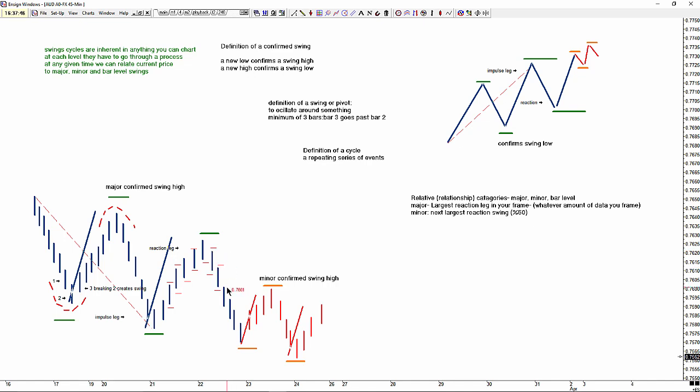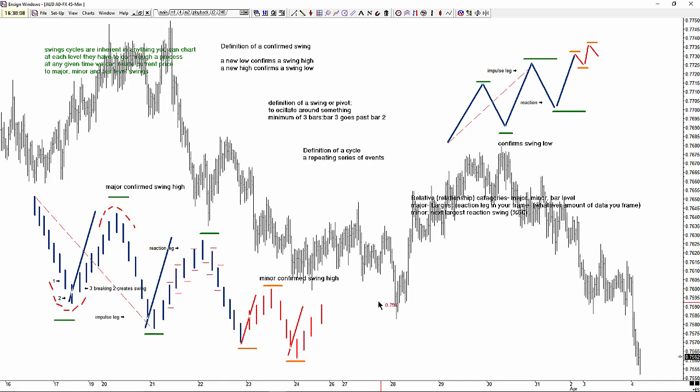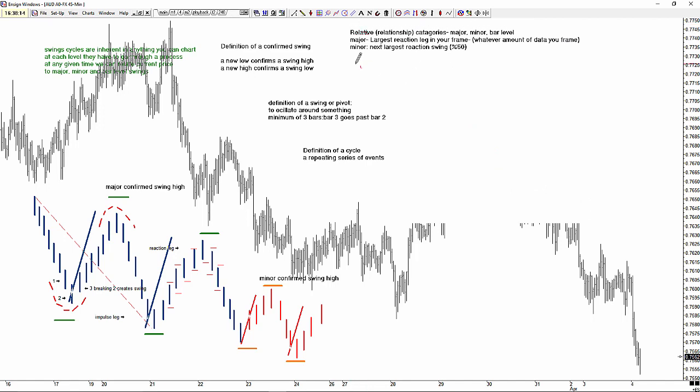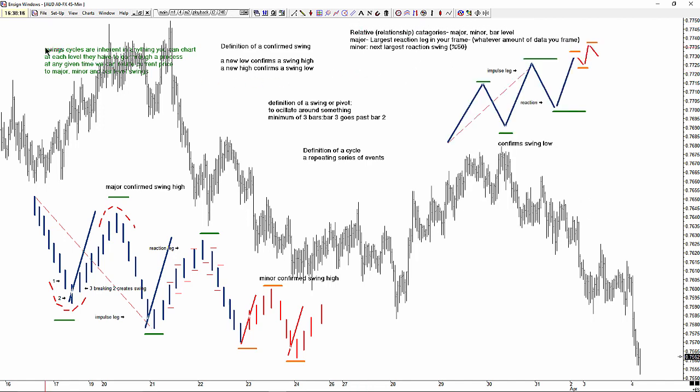So that's bar level. That's bar level swings. Now, I'll leave a reference chart up for you guys to look at and study and take apart and agree or disagree with, but it's just language and definition. Remember, the point of this is to be able to take this flow and begin to put a map around it.